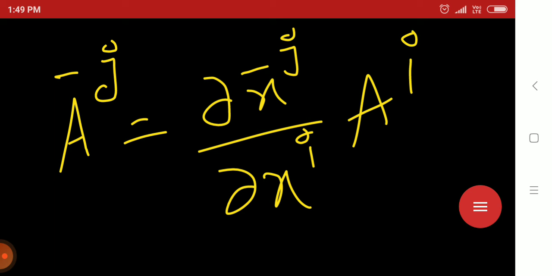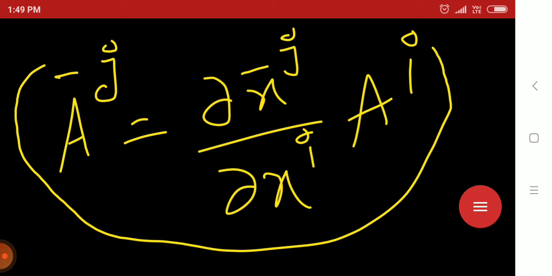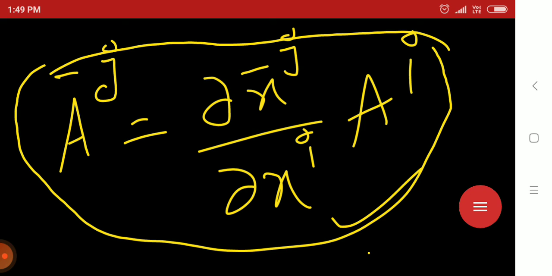So this is a tensor of rank 1 in the contravariant formulation. I have now given you the mathematical definition of contravariant tensor. So if you transform a tensor A from the coordinates x, y, z to x bar, y bar, z bar, you get A bar z equals del x bar z by del x i.